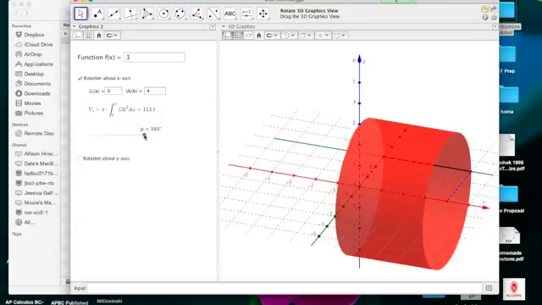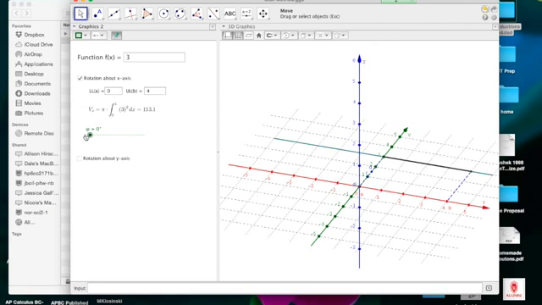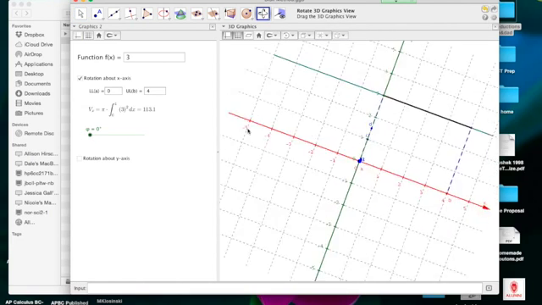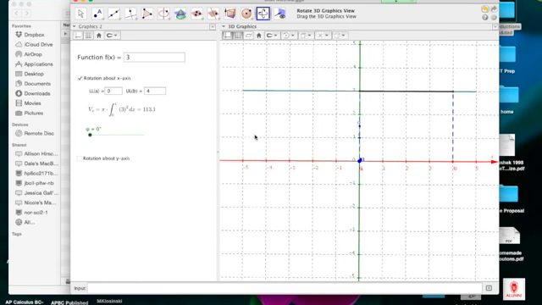Then I have that function, just like we had it. There's that outside surface of that cylinder.